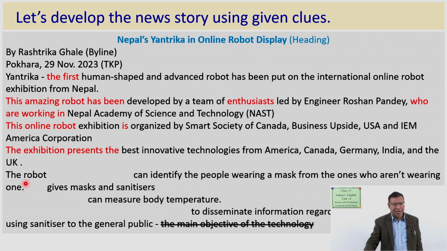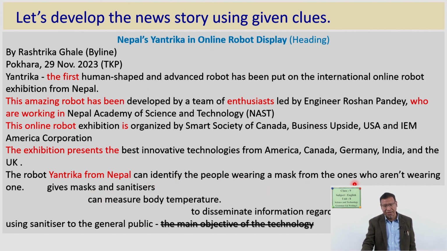Then the robot Yantrika from Nepal can identify. Here it is written can identify. So you can say the robot which is developed in Nepal can identify the people wearing a mask from the ones who aren't wearing one.